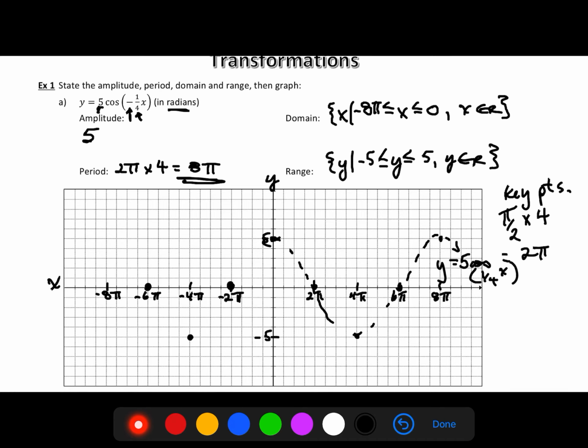So now our reflection in the y-axis means that we are going to move all of our points from the positive x values to the negative x values.